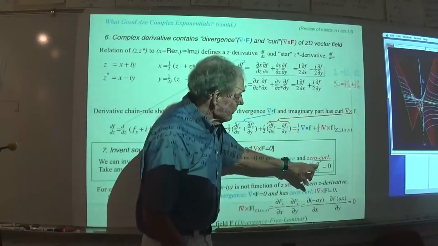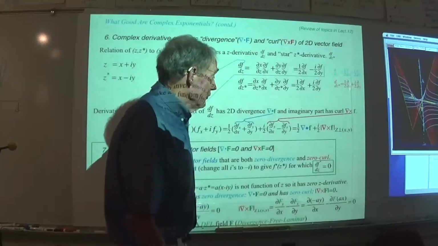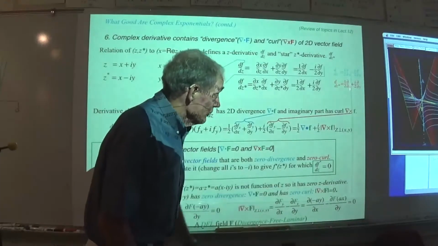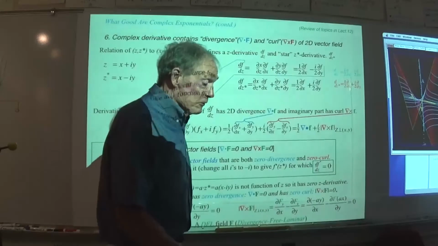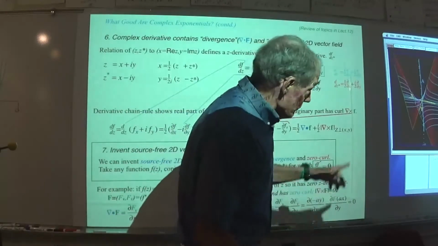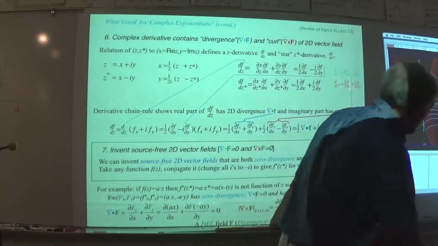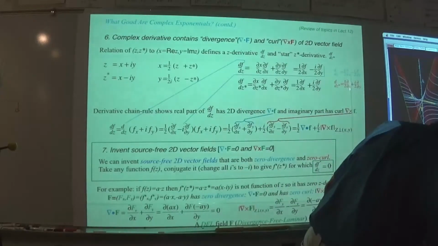And that particular function has 0 z derivative, and therefore it has 0 divergence and 0 curl. So the first field that we took was the one that goes with this, and I'll just go back to that one right now. Find the cursor.